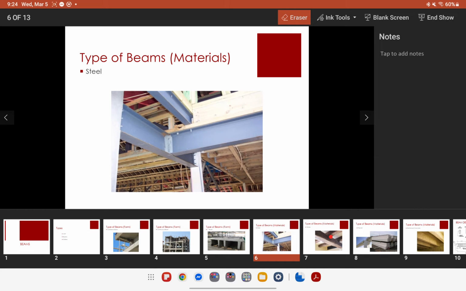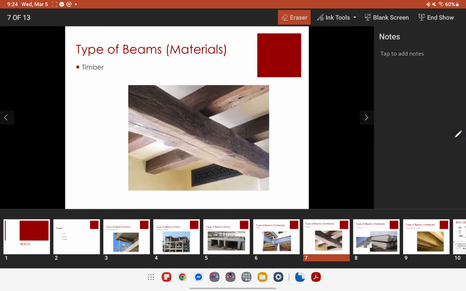Another kind of material commonly used is timber, but this is more of an architectural element rather than a structural element, because as we know, timber is vulnerable to decay, so it's not really considered a good material for long-term use.